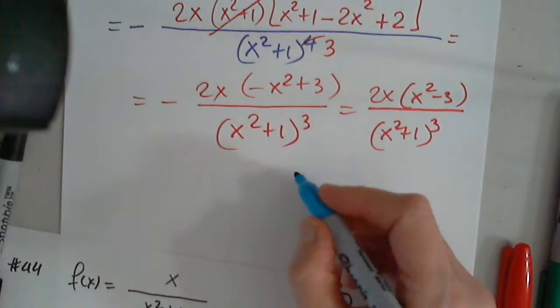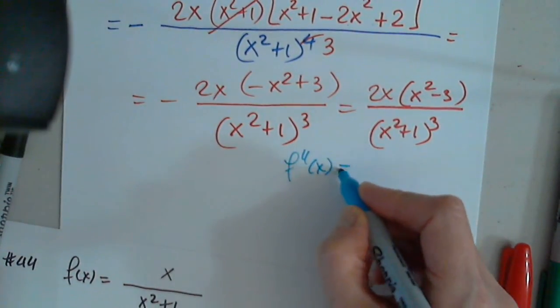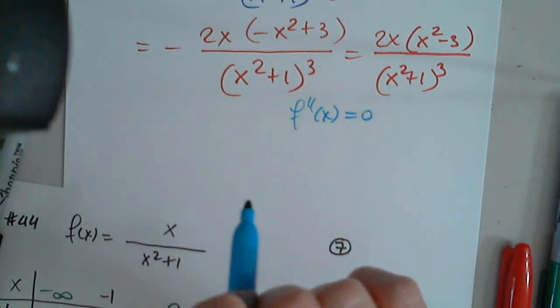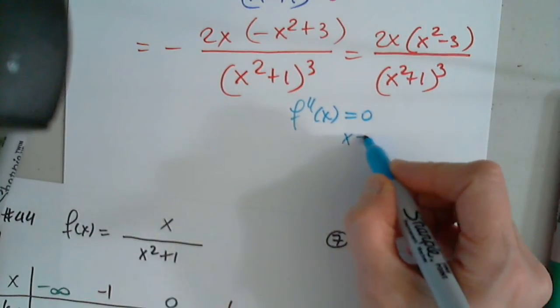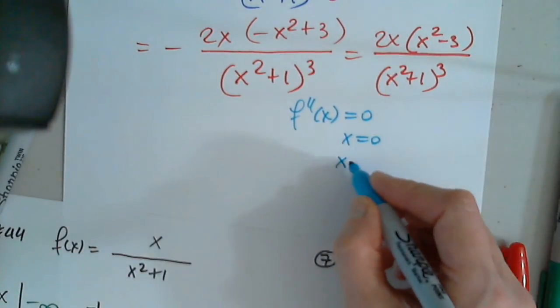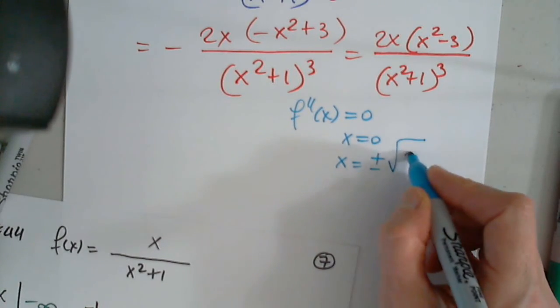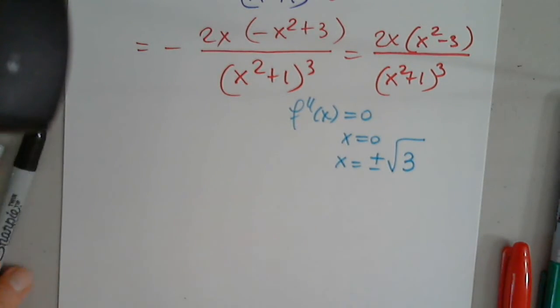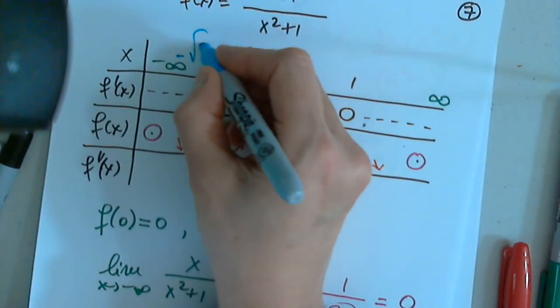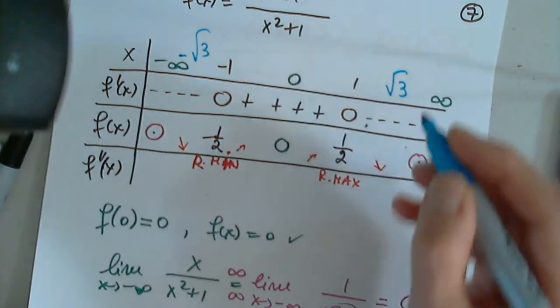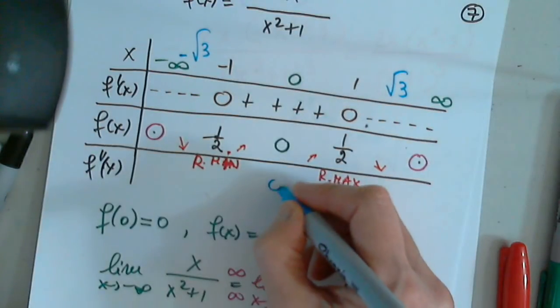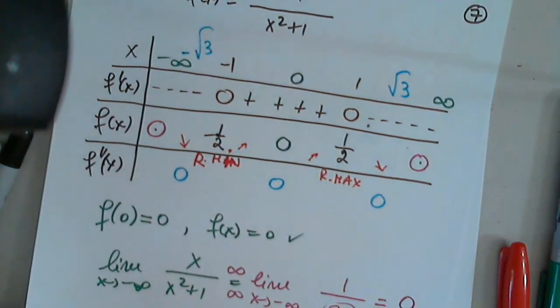So when we set the second derivative equal to 0, we get x equals 0, and from here we get plus or minus the square root of 3. Awful, but it is what it is. So negative the square root of 3 and the square root of 3 and 0.